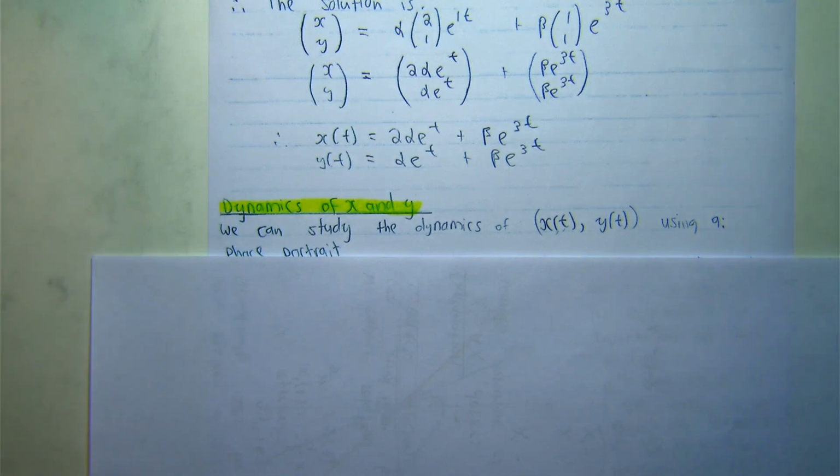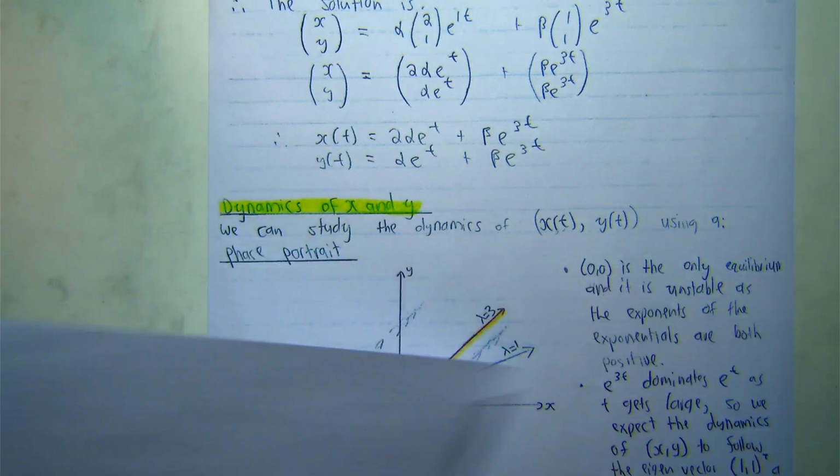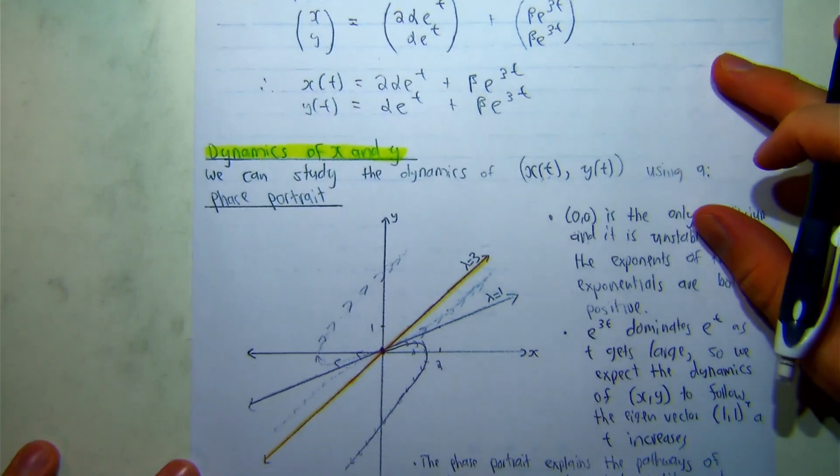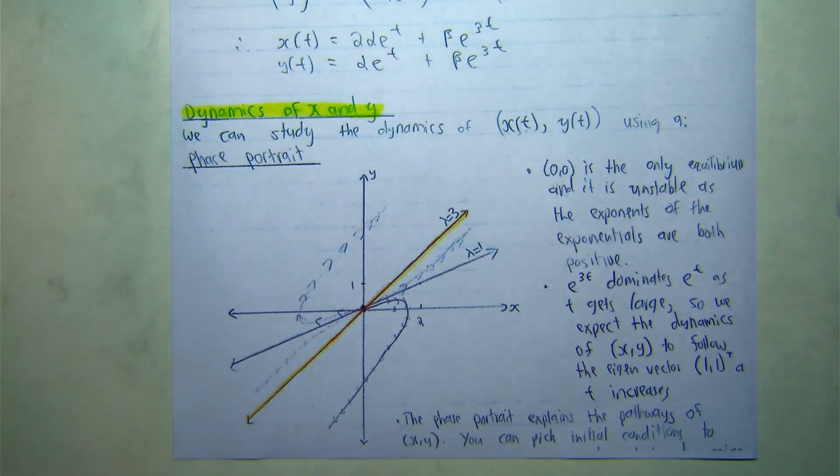And the way that we graph that is using a phase portrait. So this phase portrait below is graphing this particular example. I'll explain how this graph is constructed.